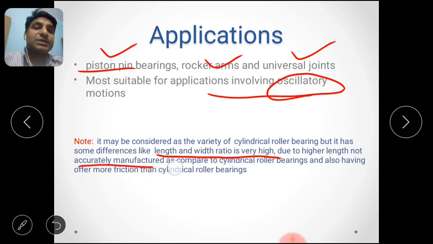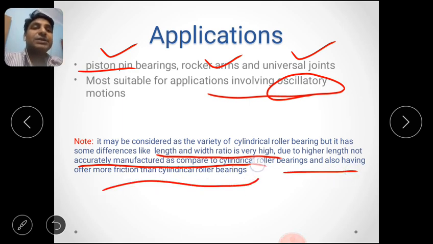Due to this, there would be uneven metal to metal contact. There is also metal to metal contact in needle bearing, so it also offers higher friction than cylindrical roller bearing. In this way you can also differentiate cylindrical roller bearing from needle roller bearing.